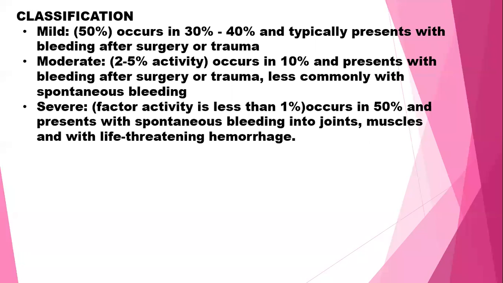In moderate disease, with 2 to 5% factor activity, it occurs in 10% and presents with bleeding after surgery or trauma, and less commonly with spontaneous bleeding. In severe cases, the factor activity is less than 1%, so it occurs in 50% of cases and presents with spontaneous bleeding into the joints, muscles, and also with life-threatening hemorrhages.